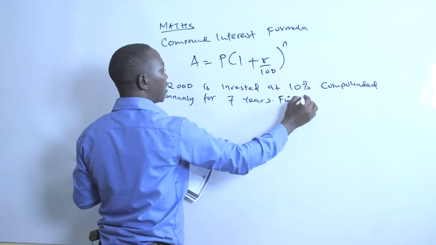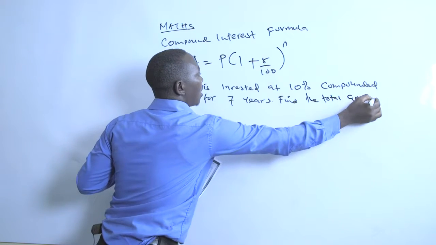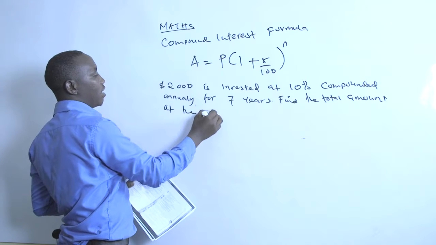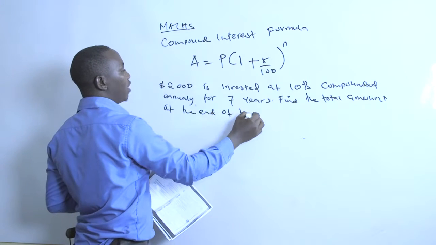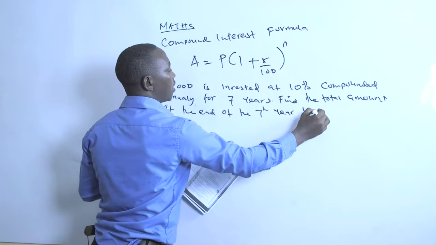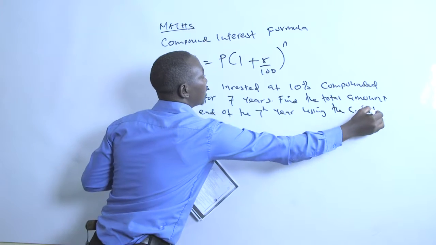Find the total amount at the end of the 7th year using the compound interest formula.